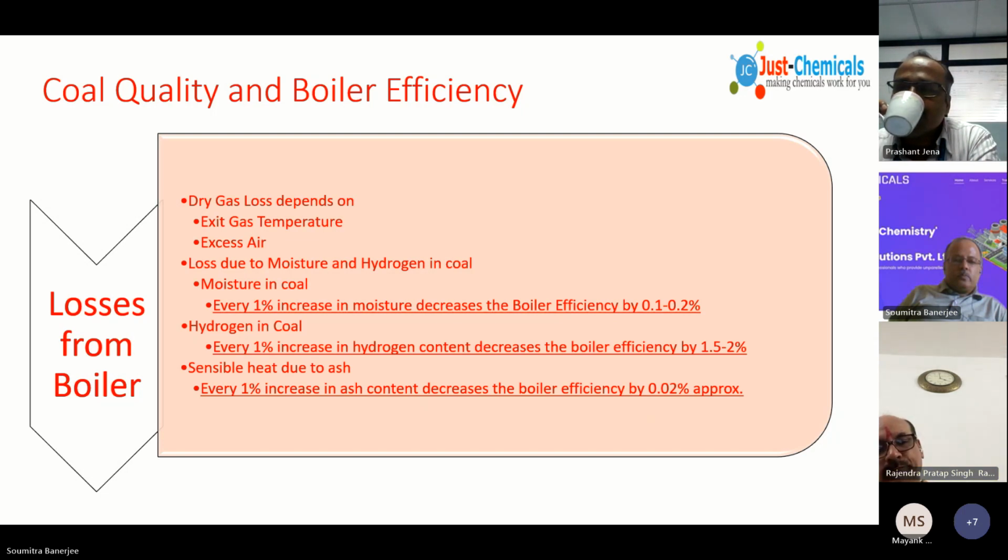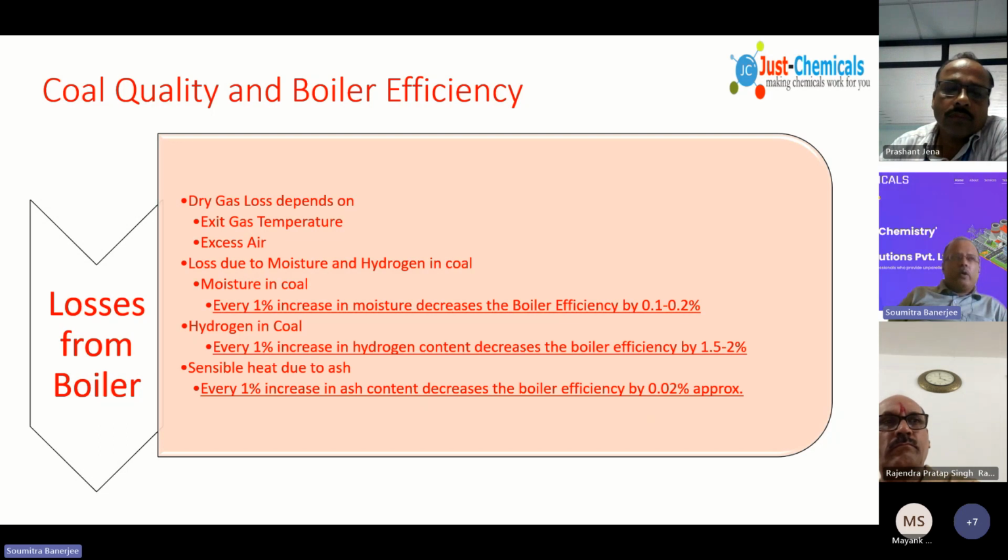When I supply you this Excel sheet, you can do the calculation yourself also. The enthalpy of the saturated steam would be at 120 degrees. You may have a steam table, or you can ask me, I can get you the data. That enthalpy multiplied by the volume of water vapor formed, the heat carried away, would be lesser than the heat generated by the hydrogen.